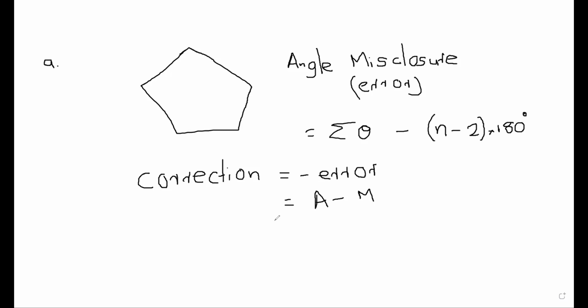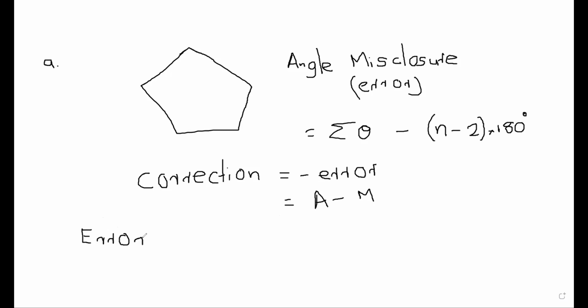Now you have 5 angles. You have to distribute that among the 5 individual members, or whatever the number of members. That is called error distribution. Now what you have to do is distribute the error.